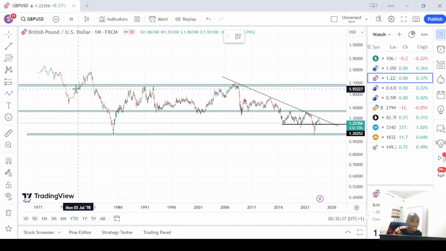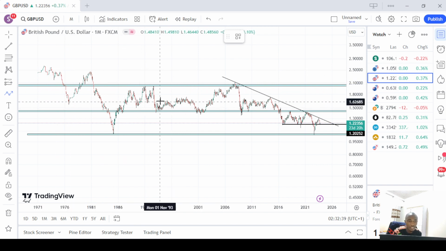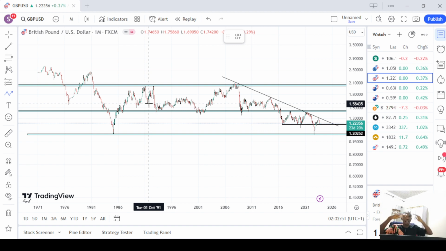So you can see another. Structure can be buy: higher high, higher low, higher high, higher low, going up, forming a buy trend. Or lower high, lower low, lower high, lower low, forming a sell trend.